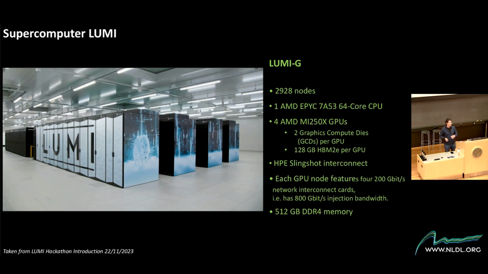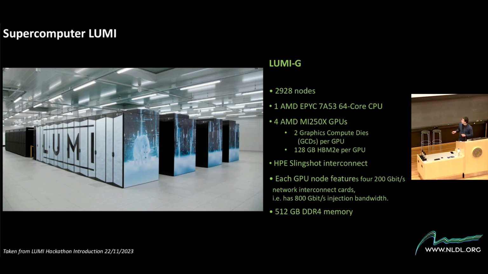It's not InfiniBand, it's Slingshot. And each GPU node features 4 200-gigabit network interconnect cards. So you have a total of 512 gigabytes of memory on each compute node.